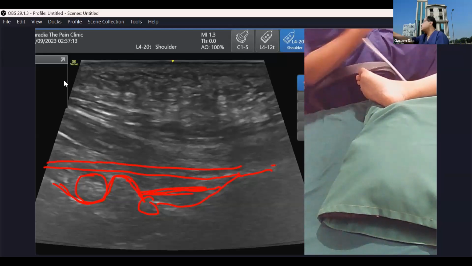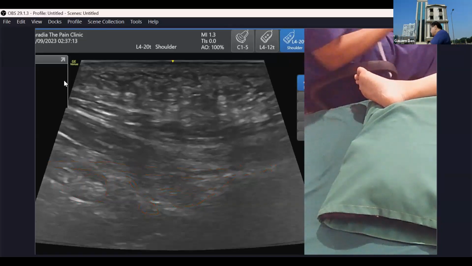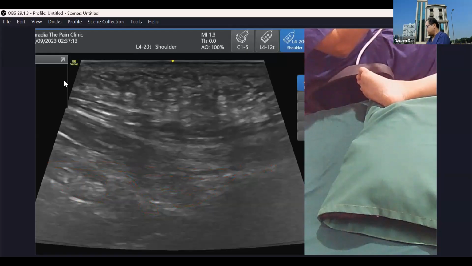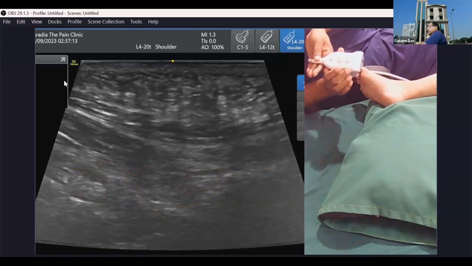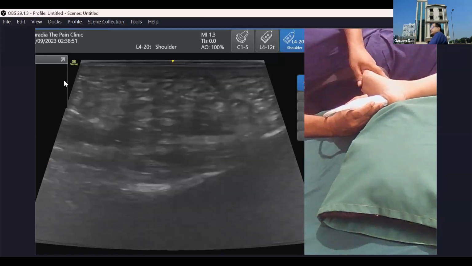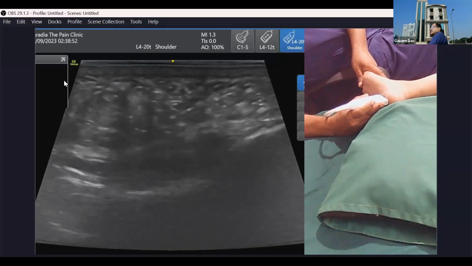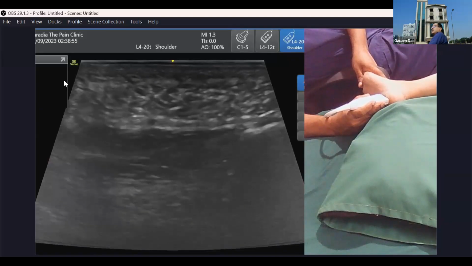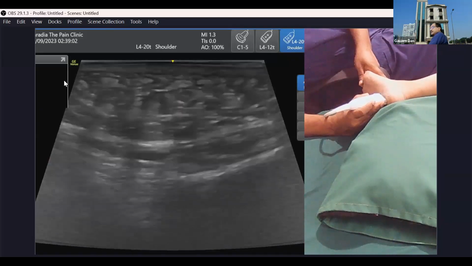Okay, let me clear it and show you again. Let me put a lot of gel. I was looking at this plantar fascia, and I'm going distally.